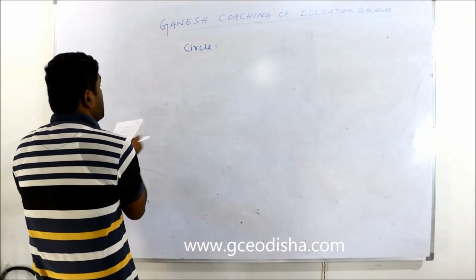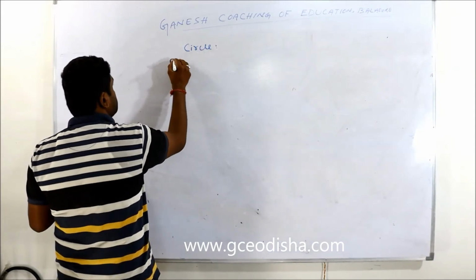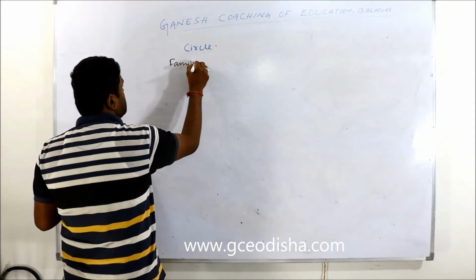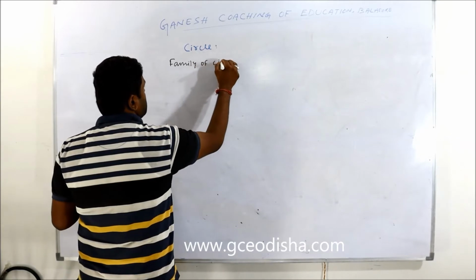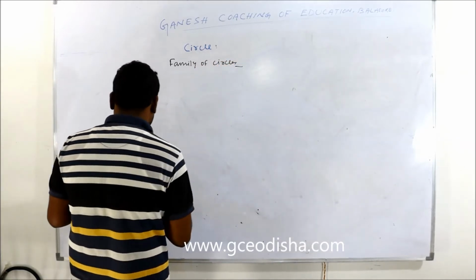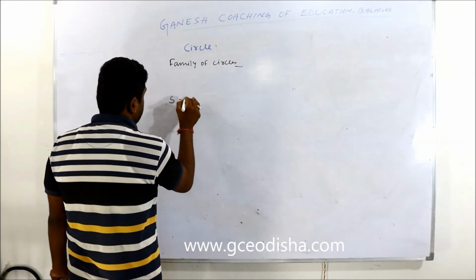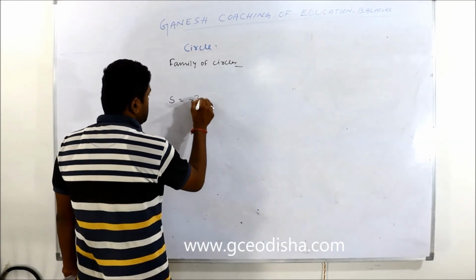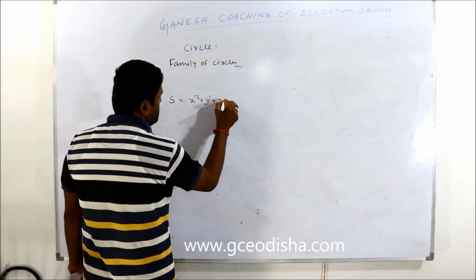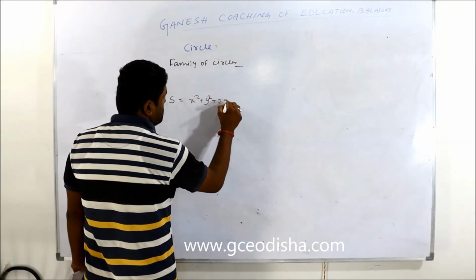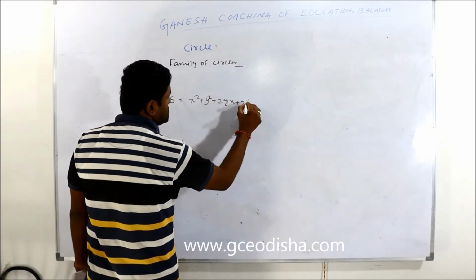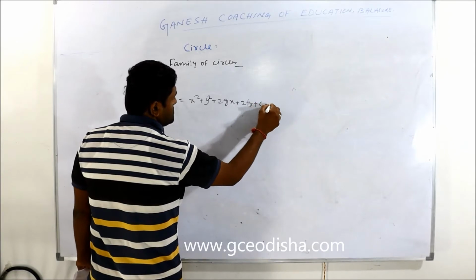Okay, then comes the family of circles. Generally a circle equation is x square plus y square plus 2gx plus 2fy plus c is equal to 0.